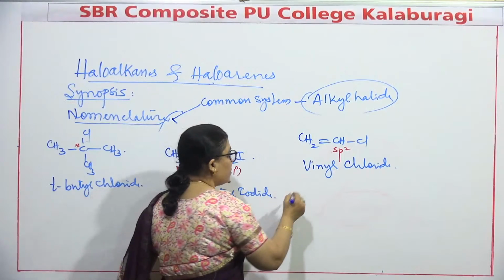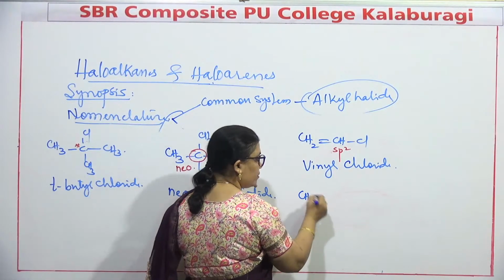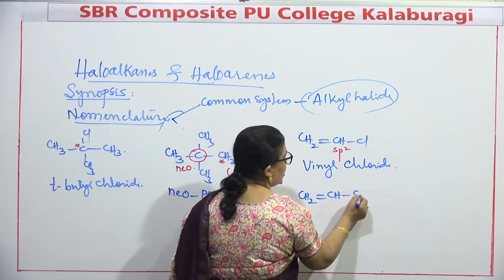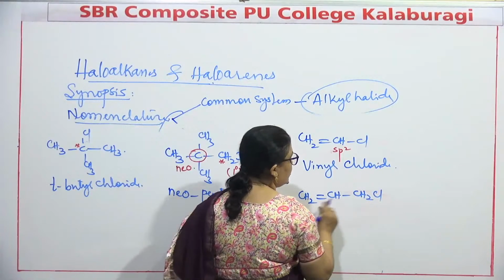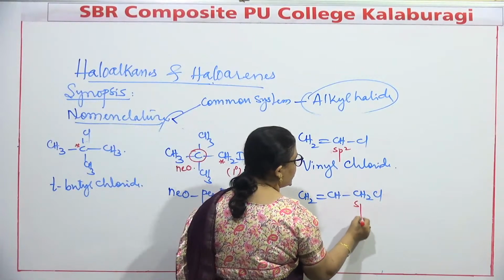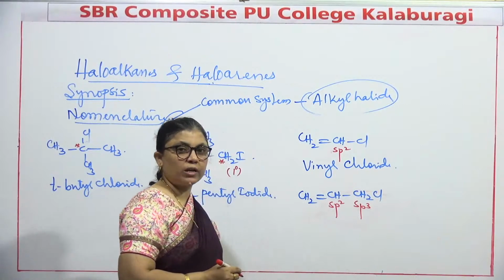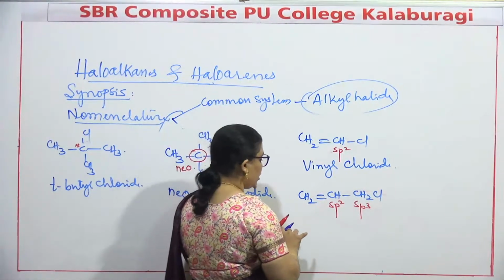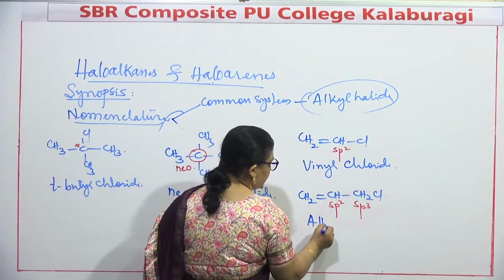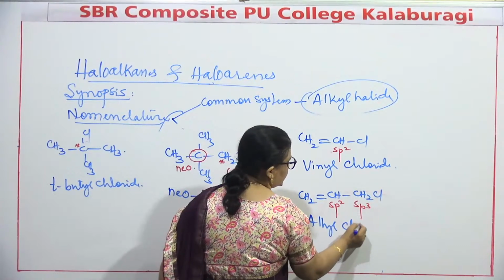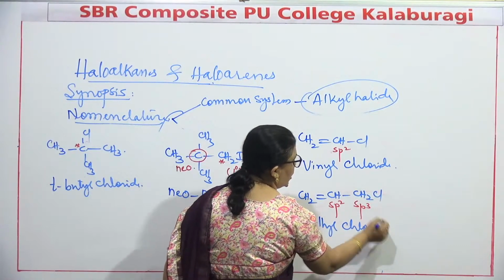But if the carbon containing the halide is sp3, but the next carbon atom is sp2, these are called allyl. Allyl chloride.